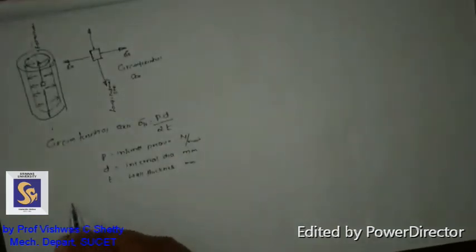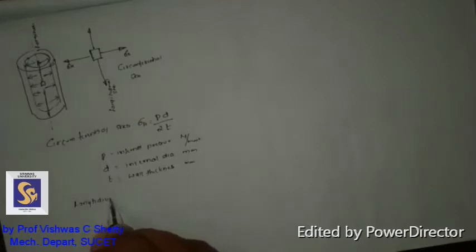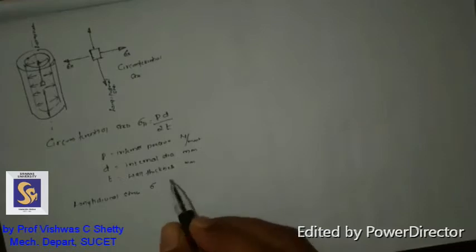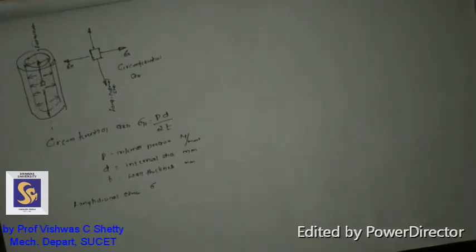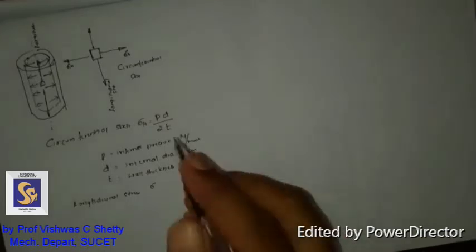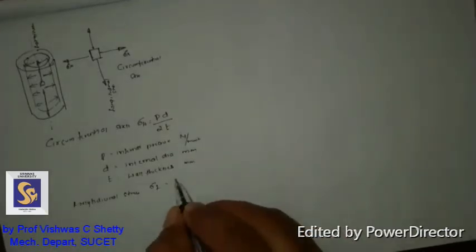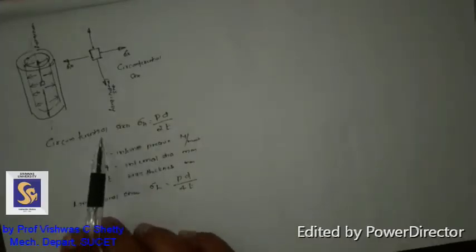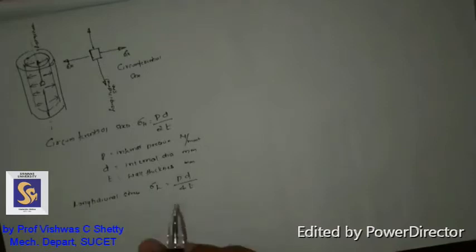So what about the longitudinal stress along the axis? Longitudinal stress is p d by 4 t. You can note that the circumferential stress is more compared to the longitudinal stress.